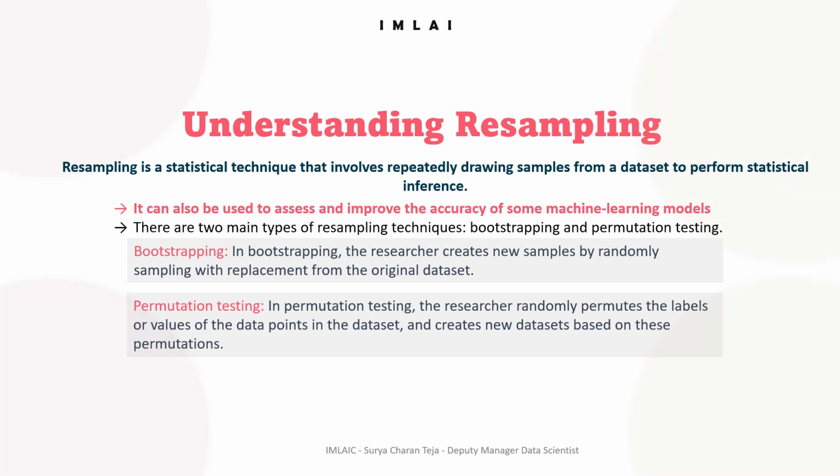So, bootstrapping and permutation testing are powerful techniques for estimating statistics and performing hypothesis testing, especially when the underlying distribution of the data is unknown or non-normal. Resampling techniques can be easily implemented in software such as Python or R and are widely used in many fields including finance, biology, and engineering.